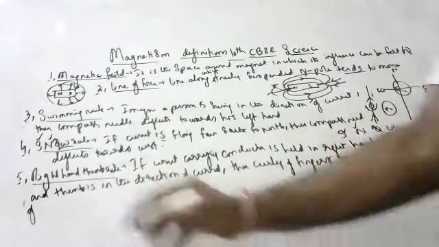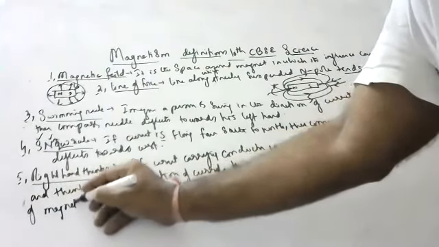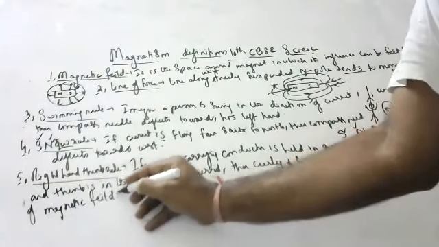Curling of fingers gives direction of magnetic field.